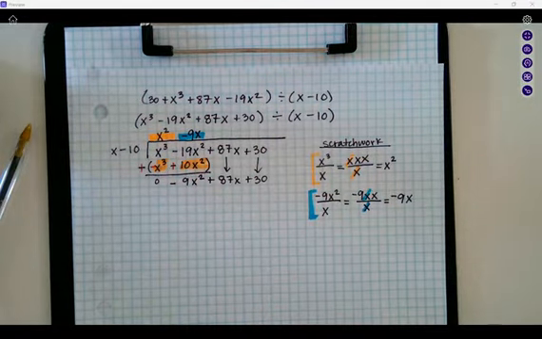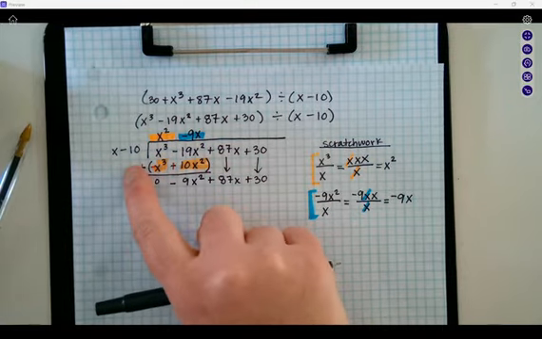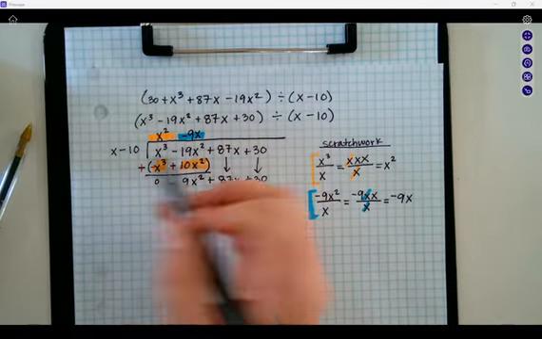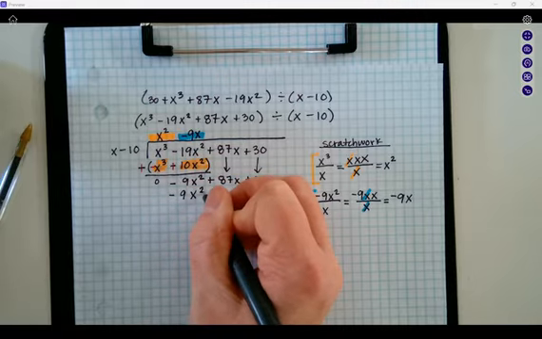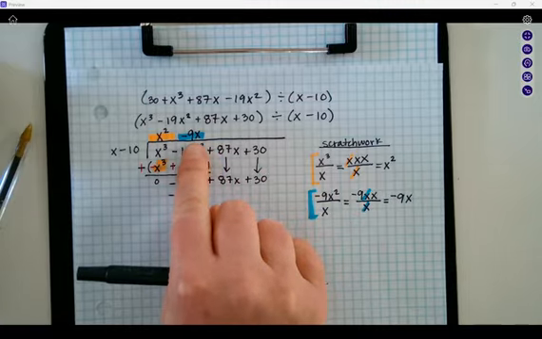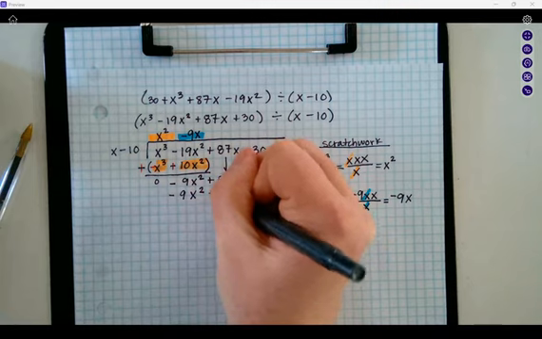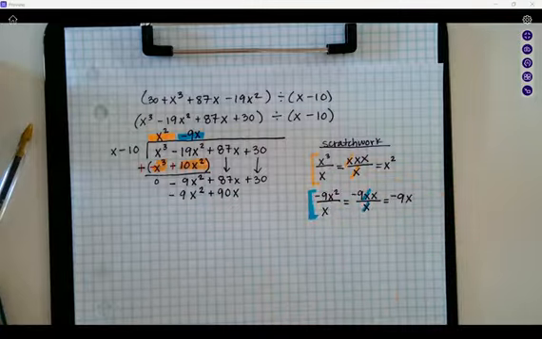Now I need to distribute this second term of my quotient across the divisor. So negative 9x times x is negative 9x squared. Negative 9x times negative 10 is positive 90x. I was going to highlight, but I'm not going to highlight yet.